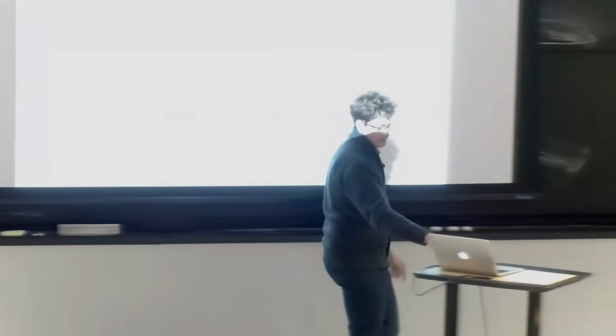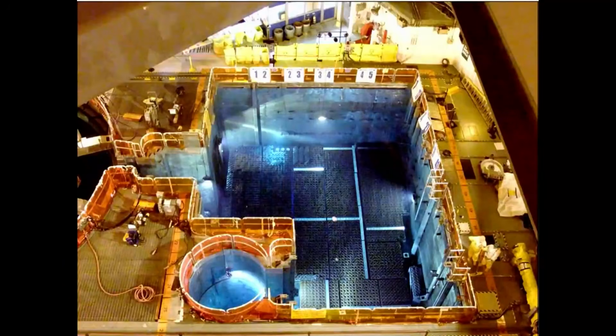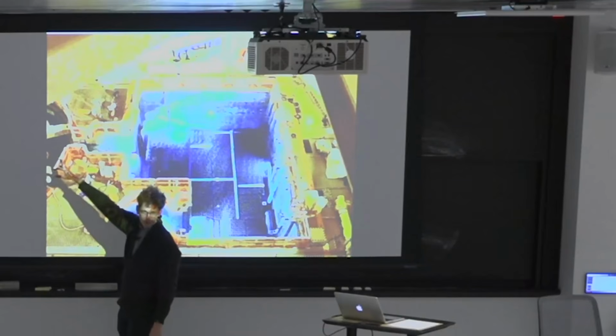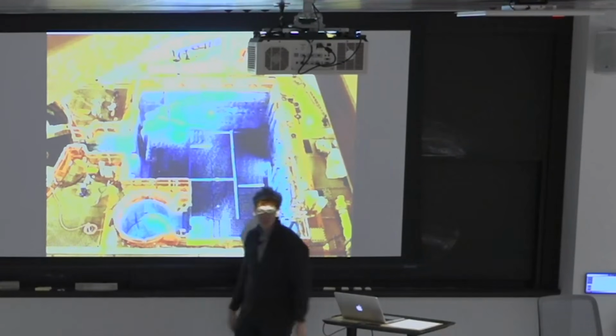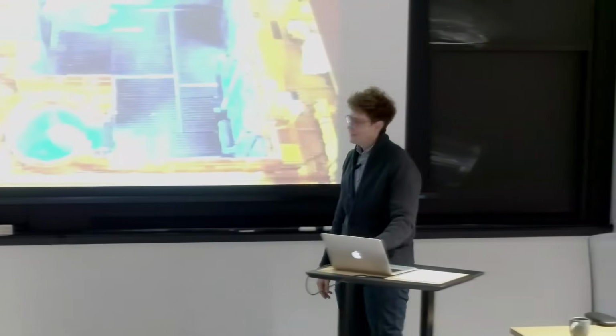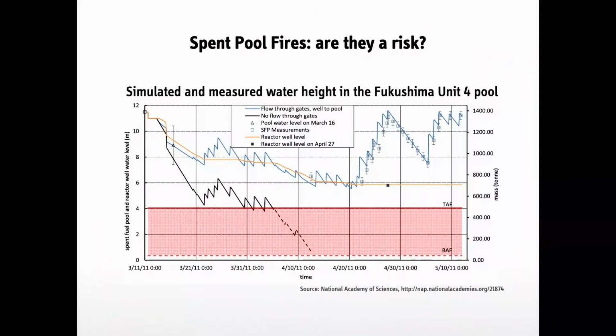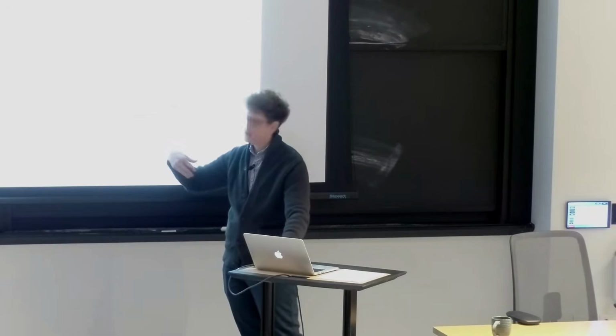The reality is that this sluice gate here that is supposed to seal off this chamber that contains the reactor pressure vessel had gotten damaged in the earthquake. And as a result, water was leaking from that vessel into the spent fuel pond.